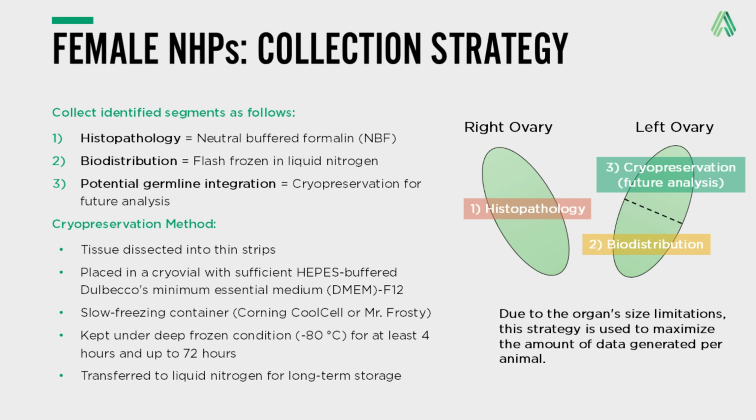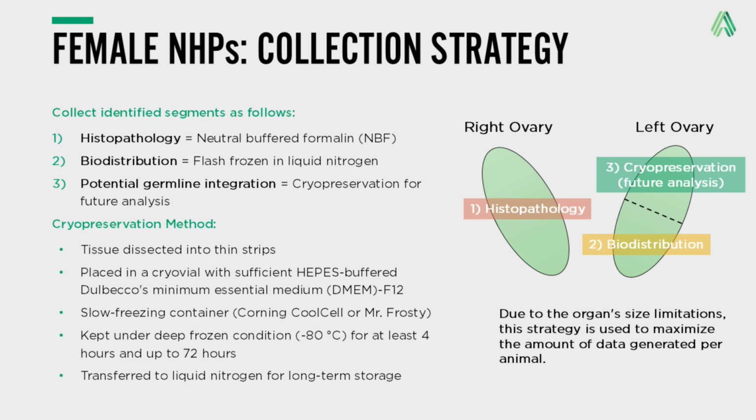To address these constraints, while maintaining the integrity of all required endpoints, our laboratory has successfully implemented a balanced tissue allocation strategy that allows comprehensive safety and biodistribution assessment. One ovary is dedicated to histopathological evaluation, ensuring robust morphological and safety assessment.